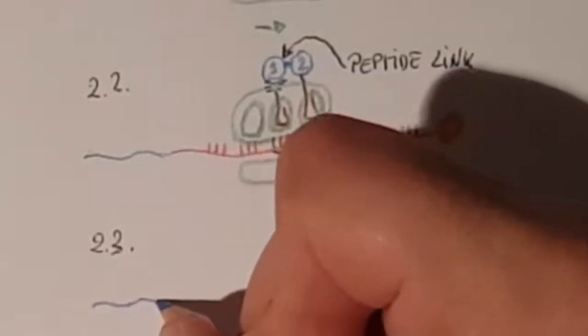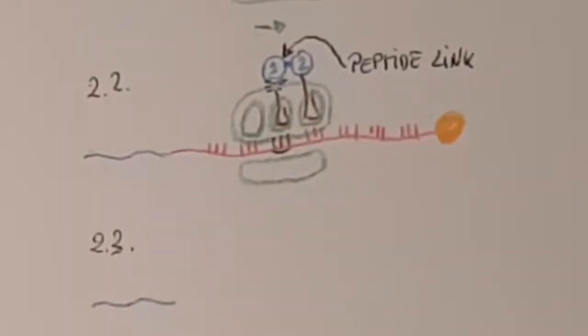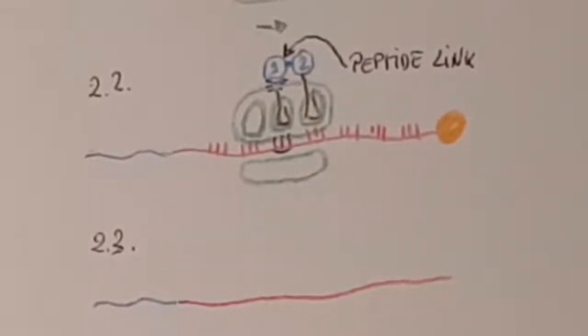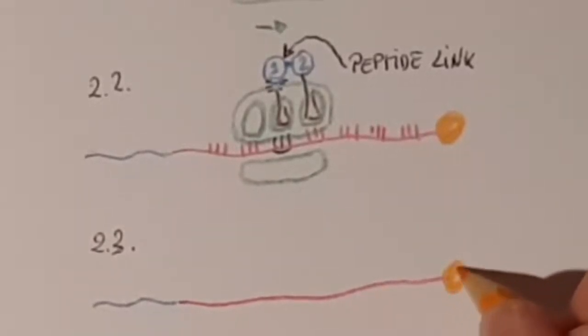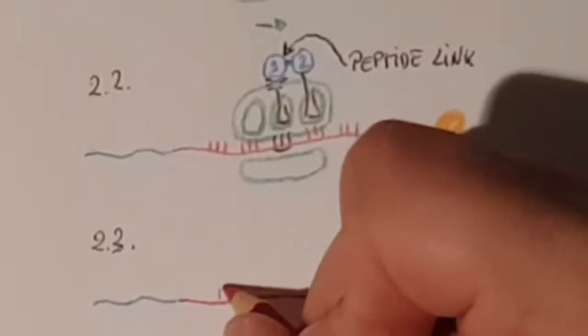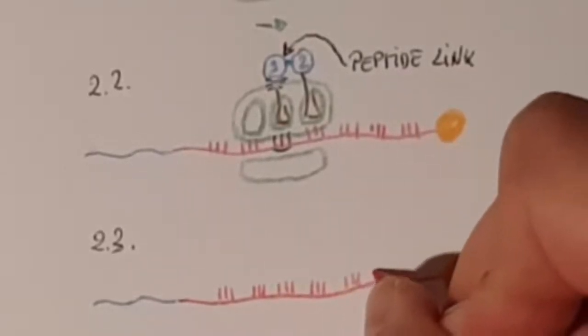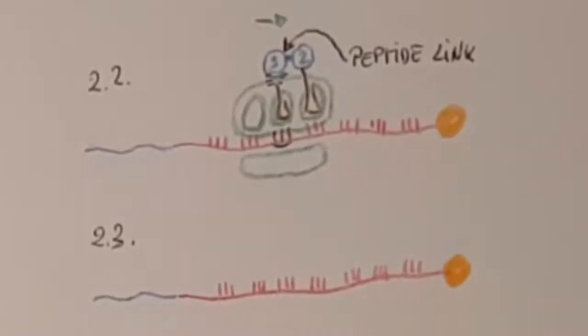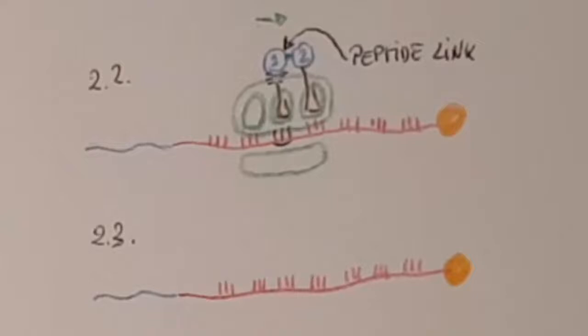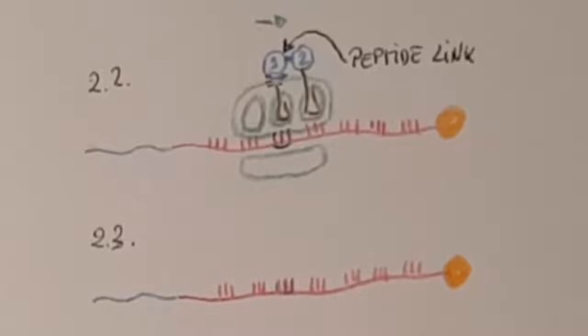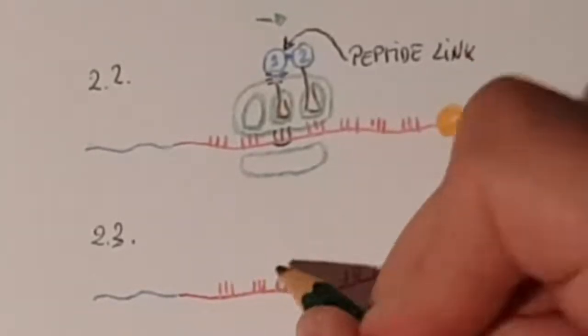Again, now the difference is that the ribosome is going to move again, towards the 5' end. Again, codons. This is the start codon, and now it's going to move.